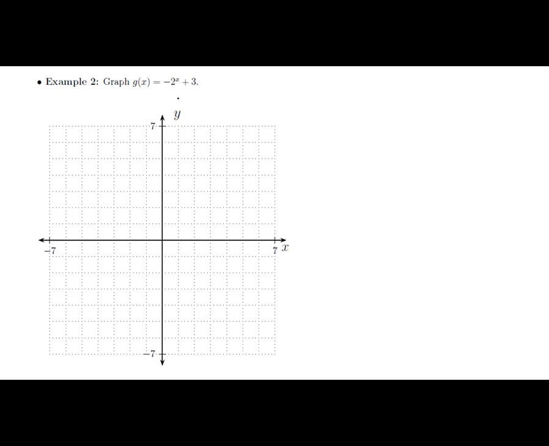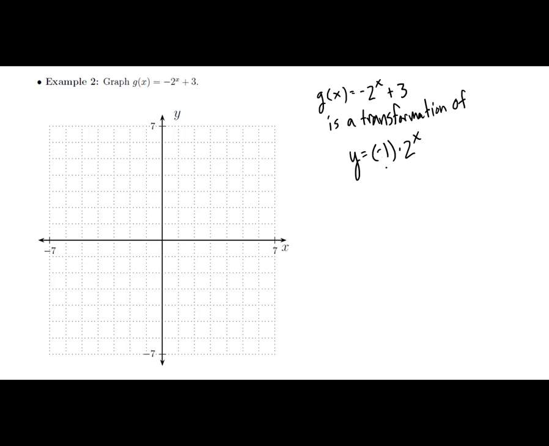So what we should start by doing is, when we see a function like this, let's understand that when we put this plus 3 here, if we think of g of x, negative 2 to the x plus 3, as a transformation, then let's think of it as a transformation of the more basic looking exponential, y equals negative 1 times 2 to the x.